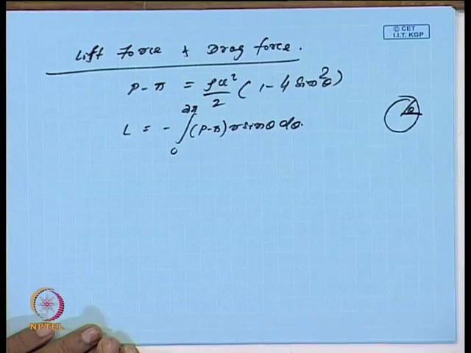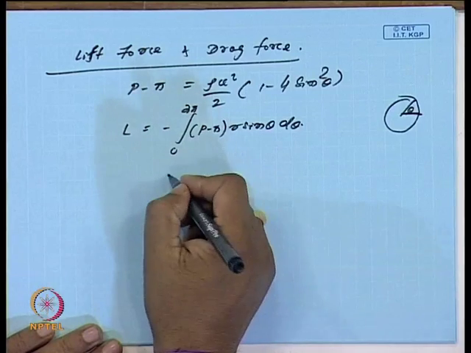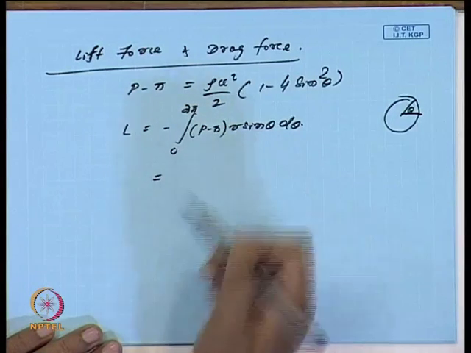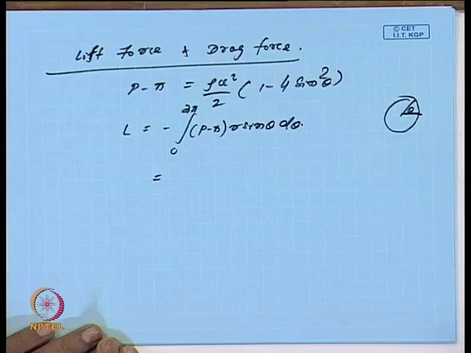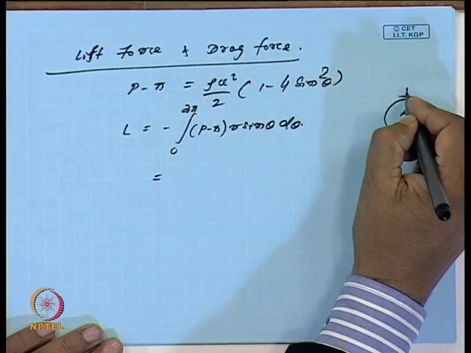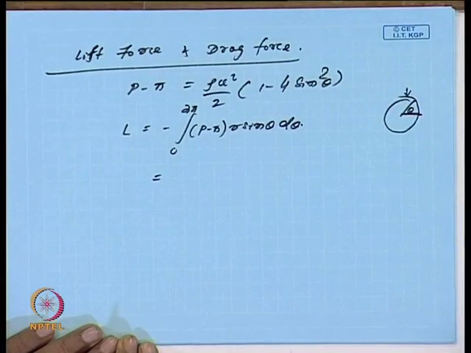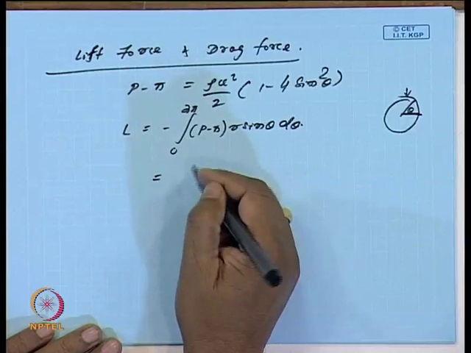The negative sign is taken because we are calculating the force in this direction, whereas otherwise it is in the outward direction.